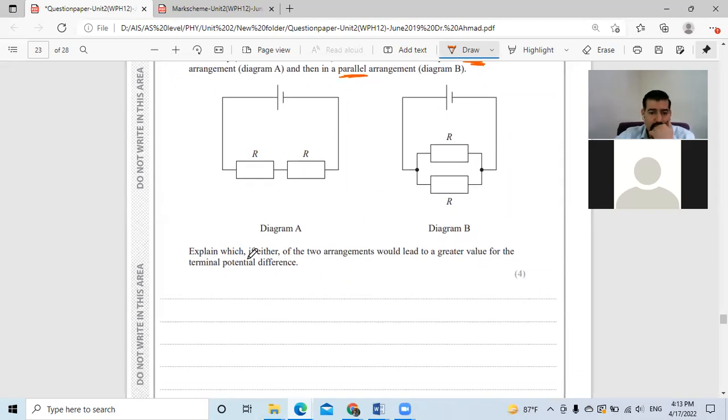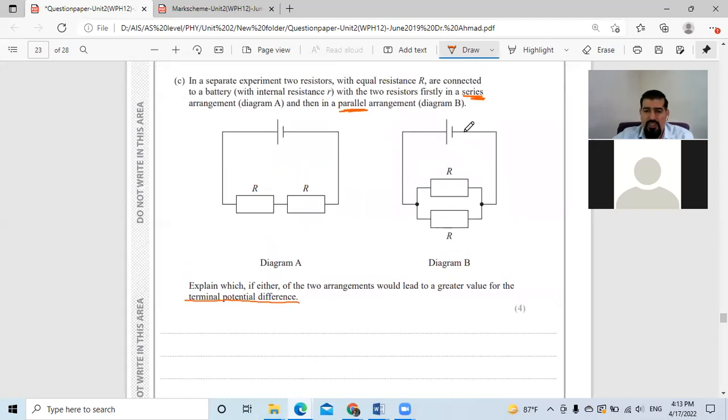So what they ask is: explain whether either of the two arrangements leads to the greater value of the potential difference. Now, if I have a voltmeter connected here or here, it doesn't matter, it will give me the reading of the voltage across the resistors, or across the battery.